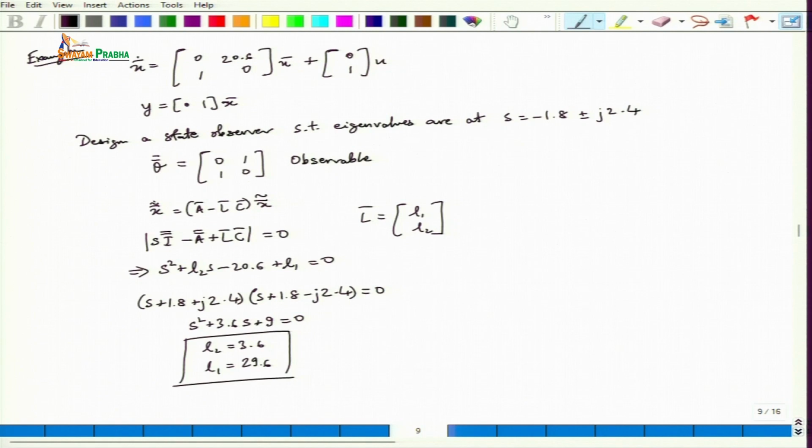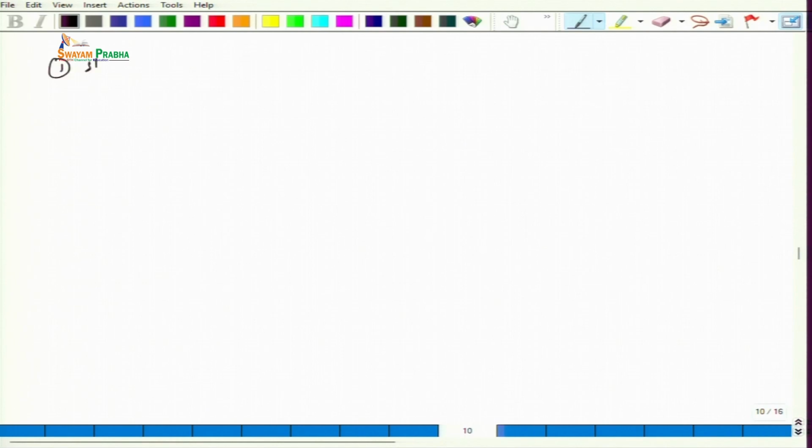The next step is then we use the same control law and we design the observer based on the states. So the first step is to design the state feedback assuming all states can be measured.